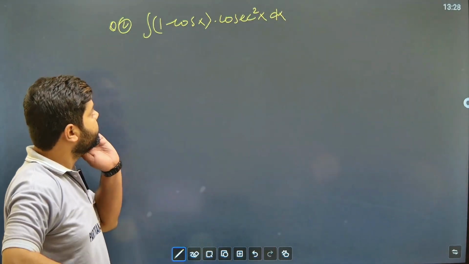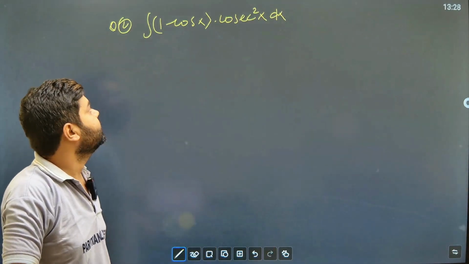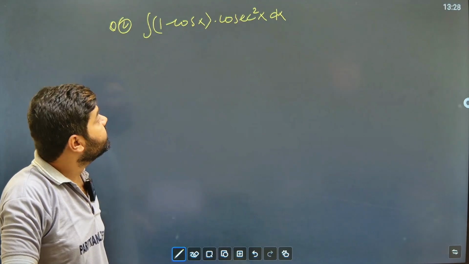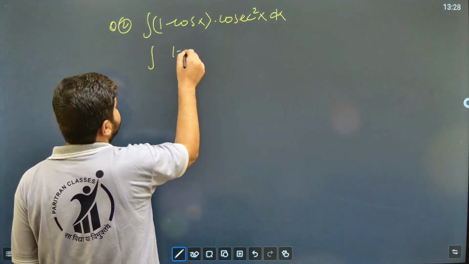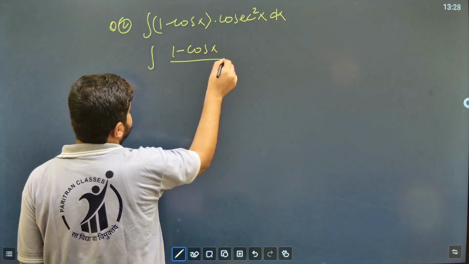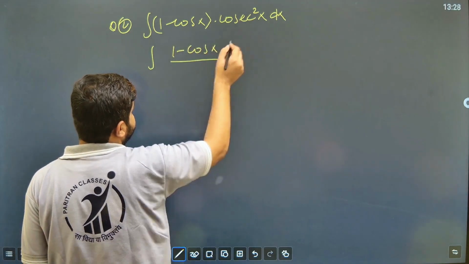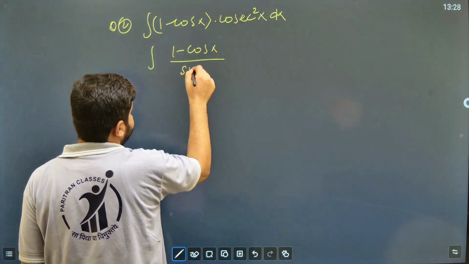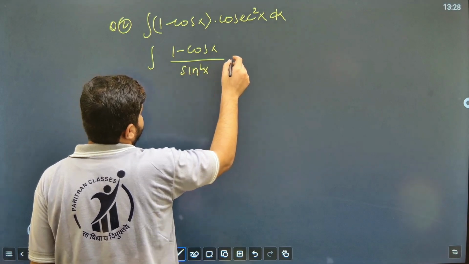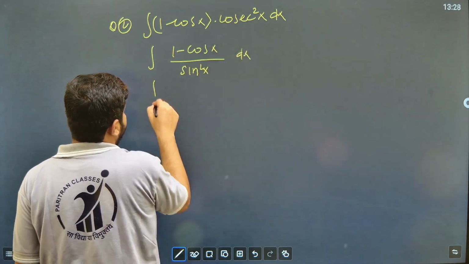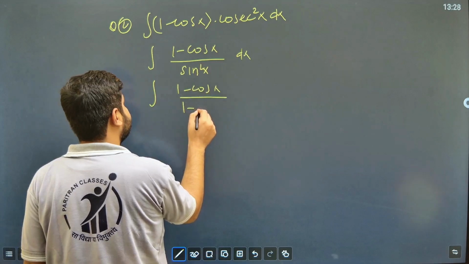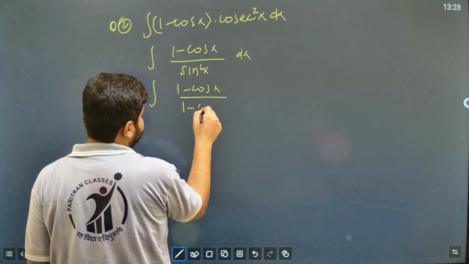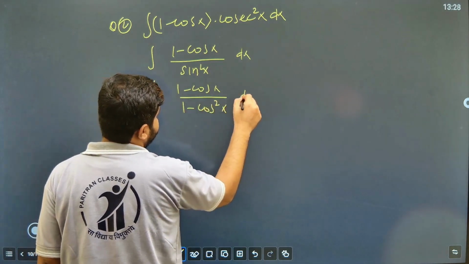So we cannot directly integrate in this question. So first we write 1 minus cos x upon sin square x dx, and we can write sin square x as 1 minus cos square x.